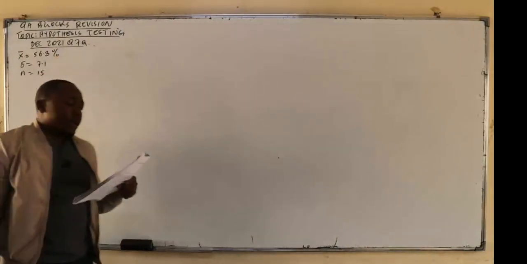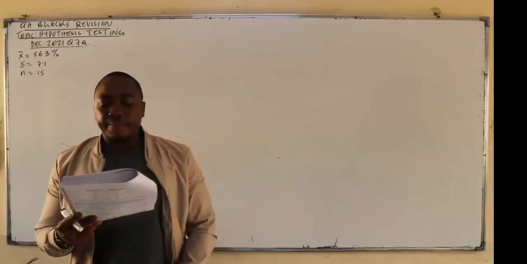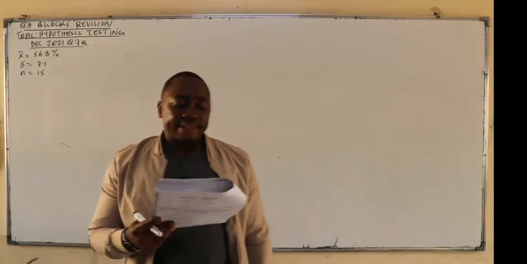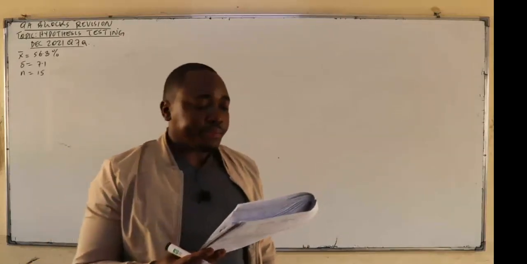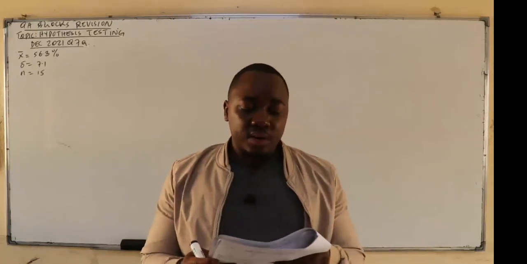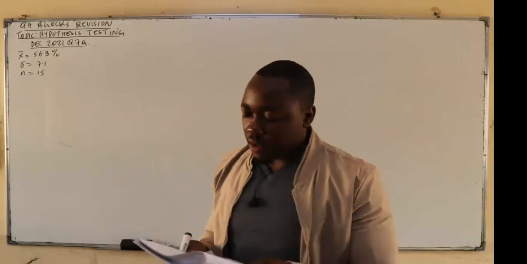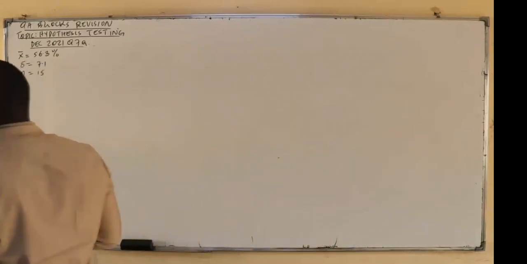So N is 15. The results of this test have been found to be normally distributed in the past. Required: construct a 95% confidence interval for the mean of test score of the call center employees.